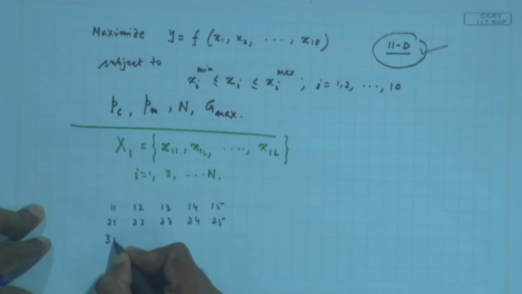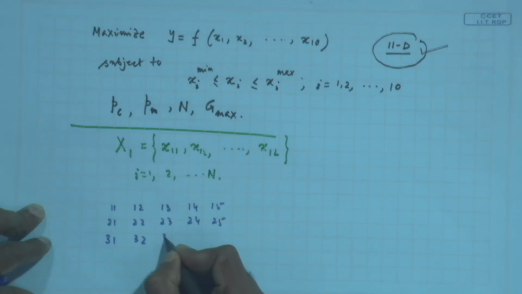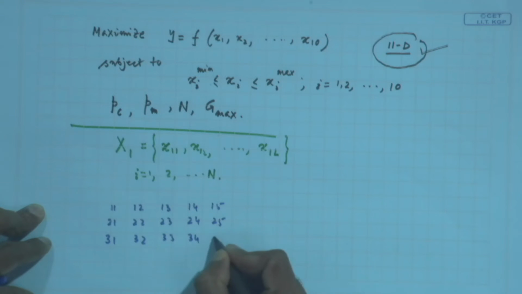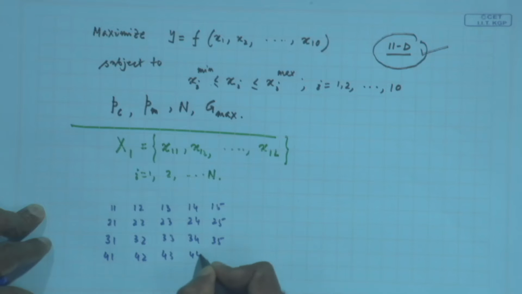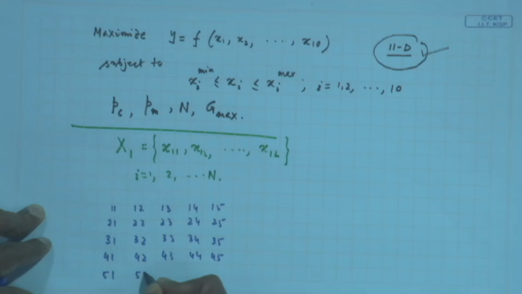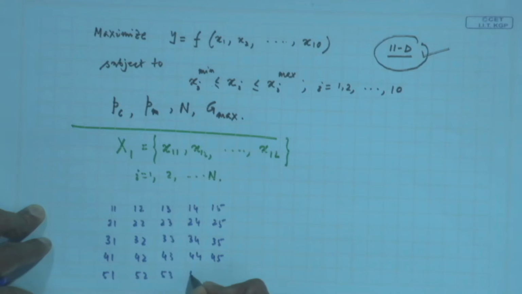Then comes 3 1, 3 2, 3 3, 3 4, 3 5. Then comes 4 1, 4 2, 4 3, 4 4, 4 5. Then comes 5 1, 5 2, 5 3, 5 4, 5 5. So, if there are 5 points, there are 25 such distance values possible.